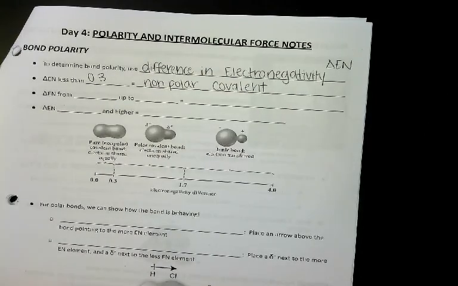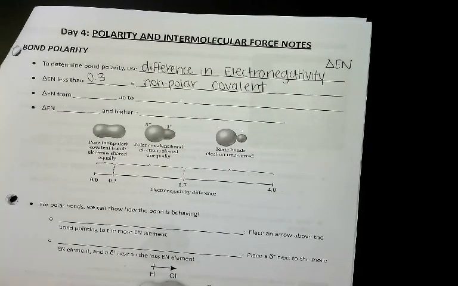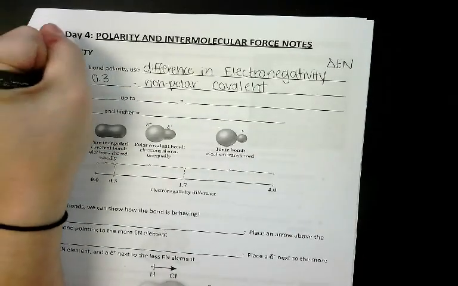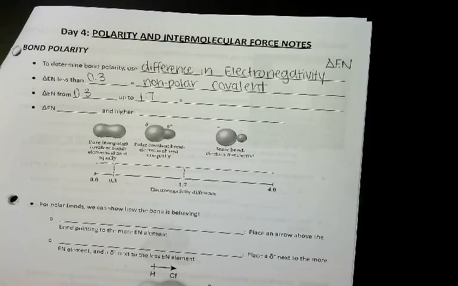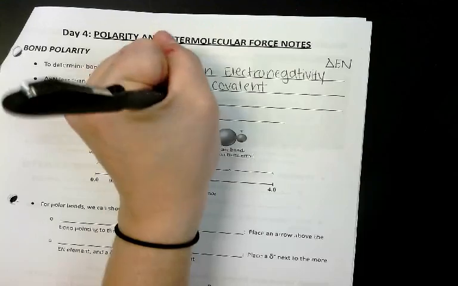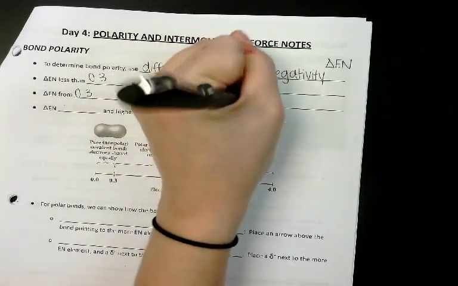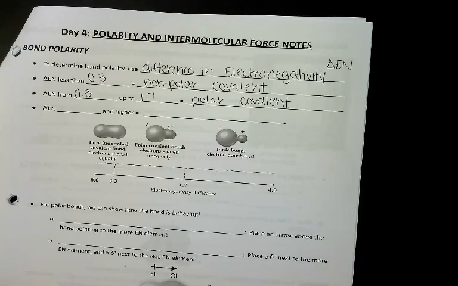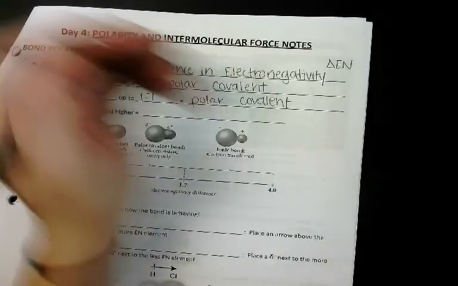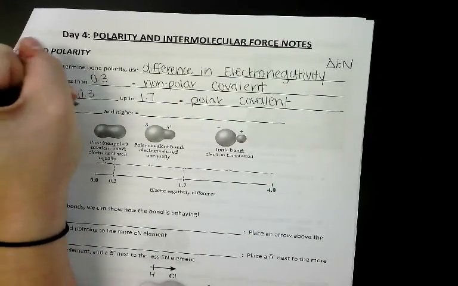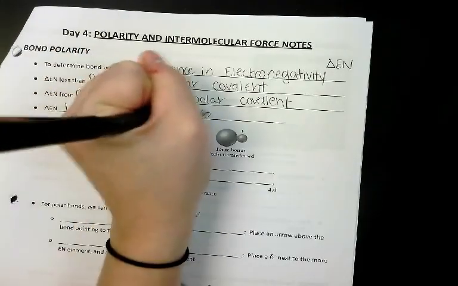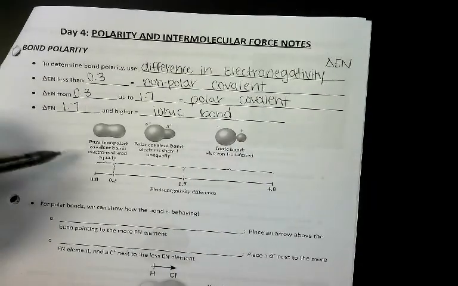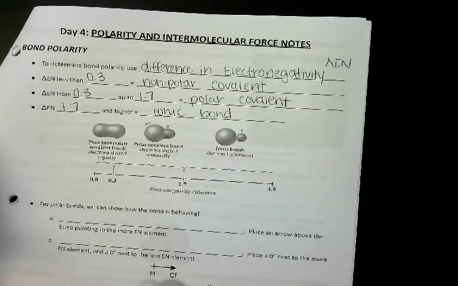If your change in electronegativity is from 0.3 up to 1.7, so you have somewhat of a difference, but not a very, very big difference, this is going to be considered a polar covalent bond. Okay? And then if your difference in electronegativity is 1.7 or greater, that's going to be considered an ionic bond. Okay? So here's an example of those differences in electronegativities.